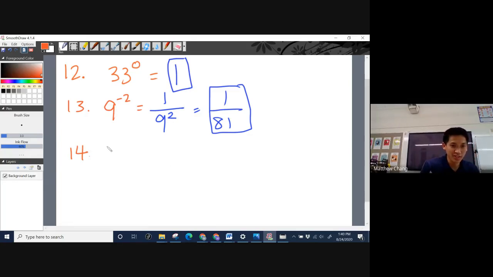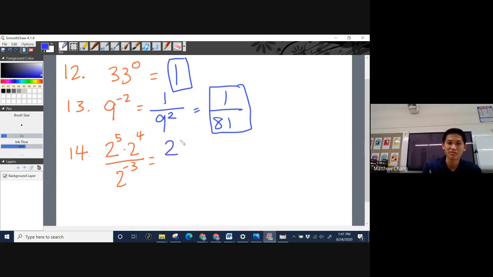Okay. Number 14. All right. So this one has a little bit of things in here. 2 raised to the 5th times 2 raised to the 4th divided by 2 raised to the negative 3. Okay. This one will take a couple rules. If I'm multiplying, I add exponents.